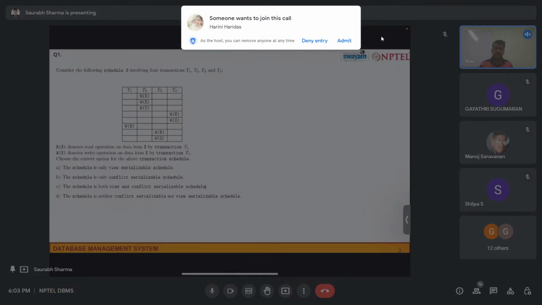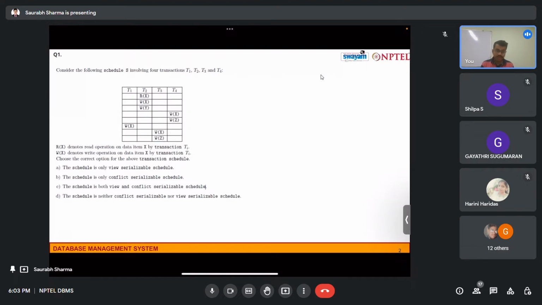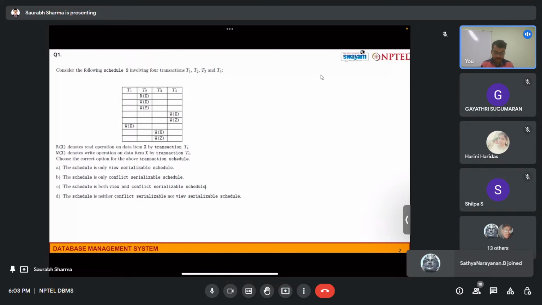So this question is all about how to declare whether any kind of schedule is serializable or not. As we all know, if any schedule is conflict serializable, it will also be view serializable. That is for sure, first thing. Second, if either of these two serializability conditions is satisfied, then only we can tell that the overall schedule is serializable.